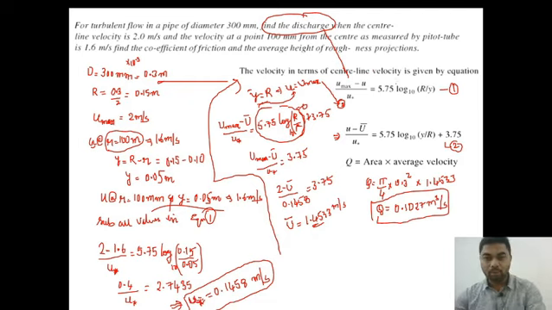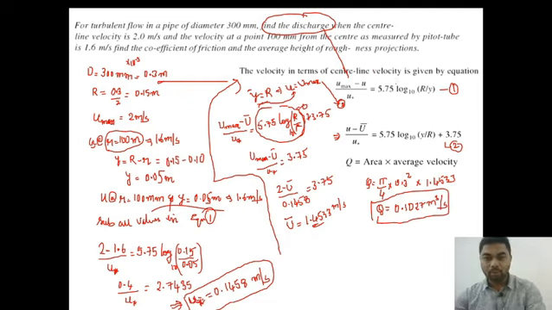We note the relationship between coefficient of friction, average velocity and shear velocity is as follows. Now substitute all the values here. U star, 0.1458, is equal to u bar, the average velocity 1.4533, into square root of f by 2.